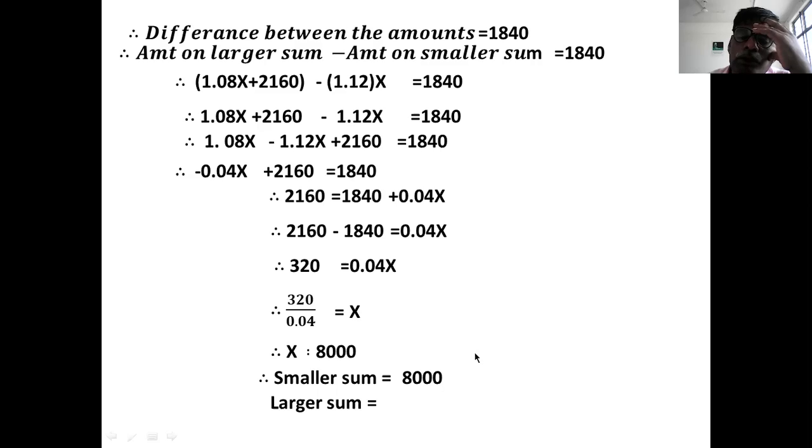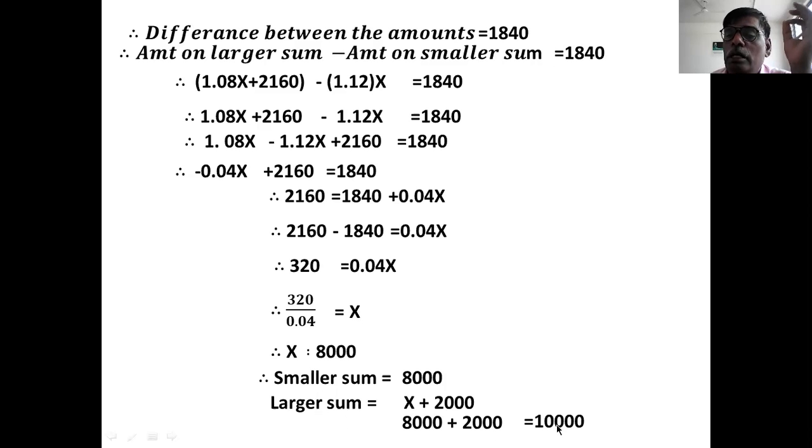And larger sum is equal to x plus 2000, as per your statement. Therefore, larger sum is equal to 8000 plus 2000, which is 10,000. Larger sum is 10,000, smaller sum is 8,000. Okay, this is the solution. Clear? This is the solution.